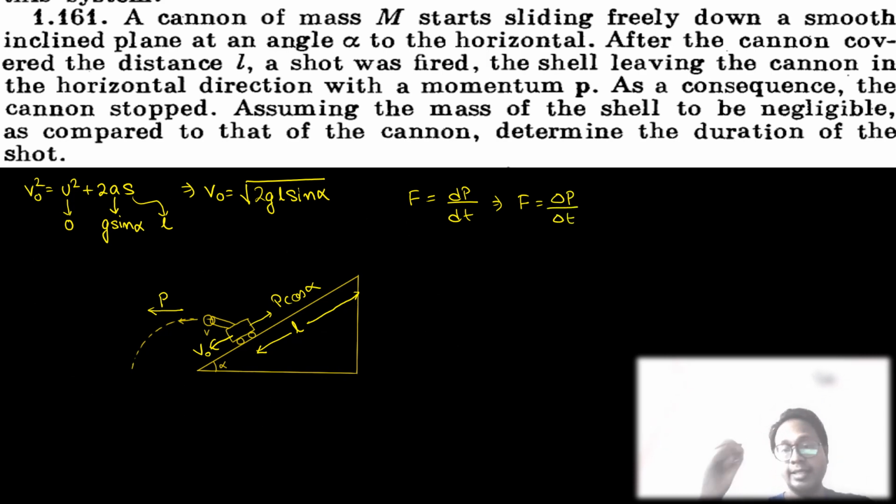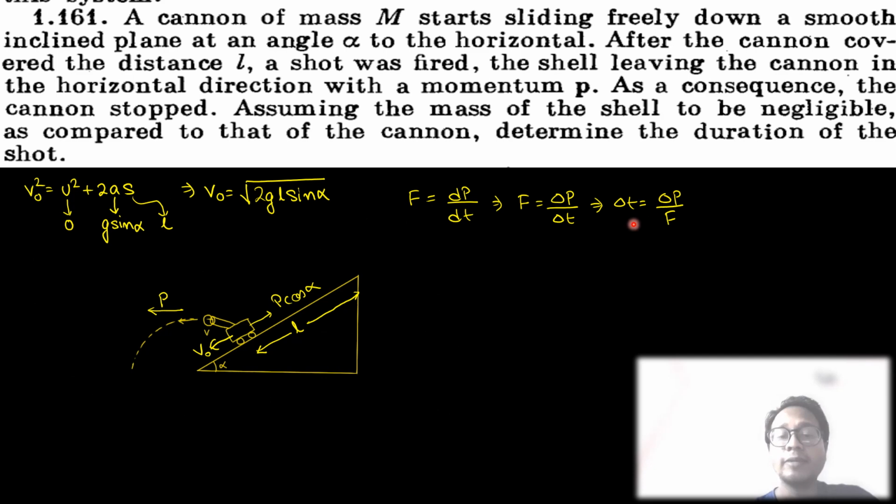Out here in this equation I have to find out the time, the time for which this force acted on the body, or the impulsive force acted on the body. So delta t is equal to delta p by F. This is the value I have to find.